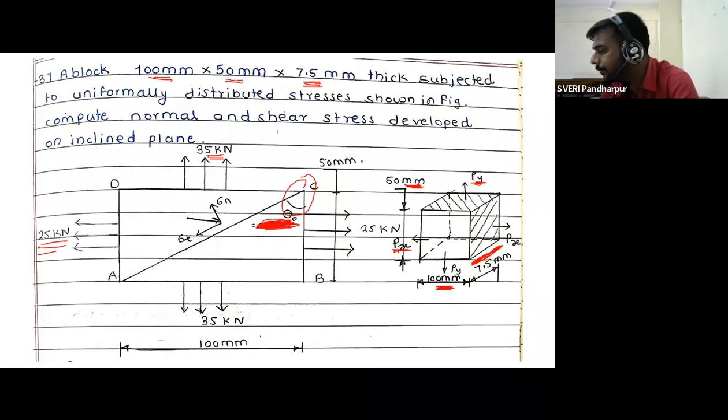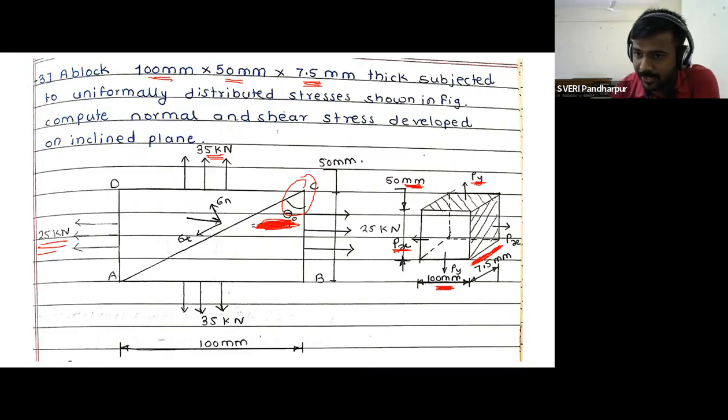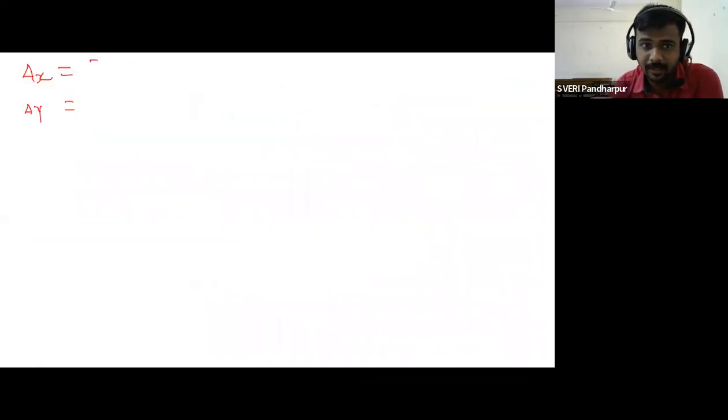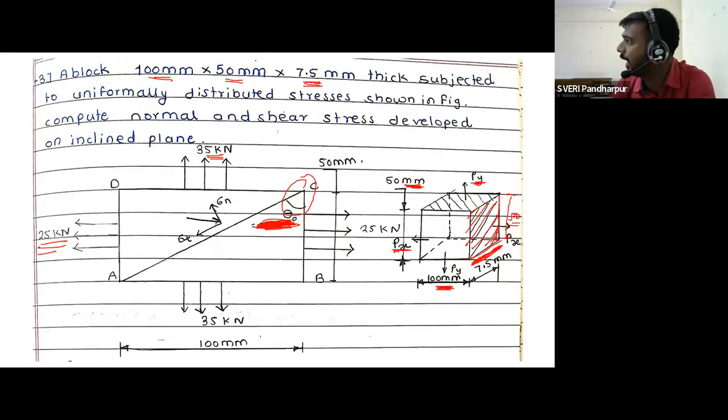For the Ax calculation, which hatching line did I indicate on this side? Then which area will come? This is the area we have to consider for area Ax. What are the dimensions for this area? The inclined dimension by the vertical dimension. The vertical dimension is 50, and the inclined dimension is 7.5. Then what is area Ax? 7.5 into 50, what is this product? 375 mm square, this is the area Ax.